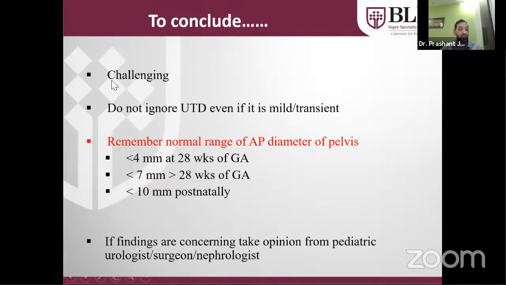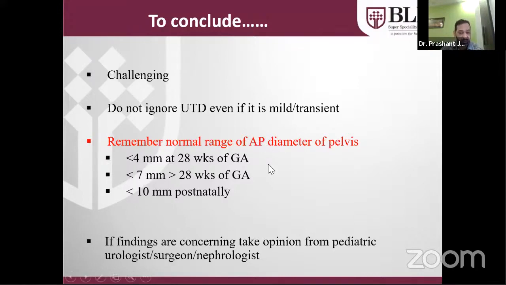So to conclude, still there are a lot of challenges in the management of hydronephrosis, because still there is no standard terminology, no standard classification, and no standard protocol which is available. Even if it is a mild dilatation, it should not be ignored, and these patients should still be followed.